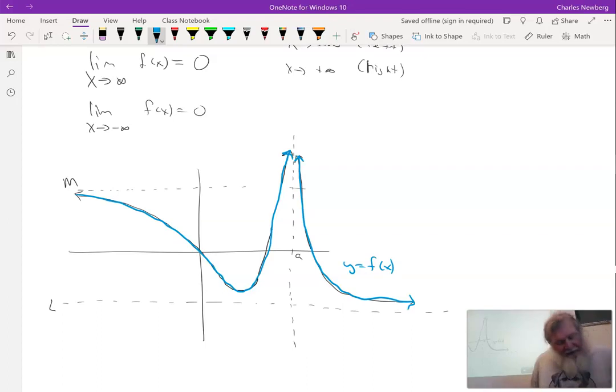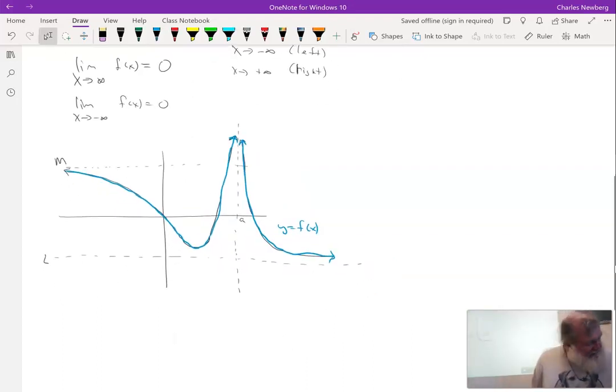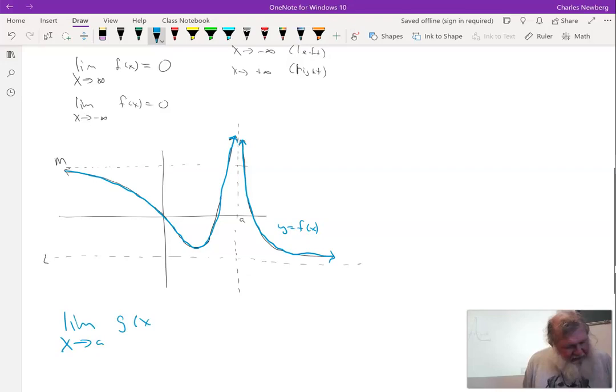Okay, and I'm going to let you try these problems first because we don't get a lot to try on these problems. So let me give you the limits I want you to try to read off this graph. I want you to find me the limit as x approaches a of g of x. I want you to read me the limit as x approaches negative infinity of g of x.